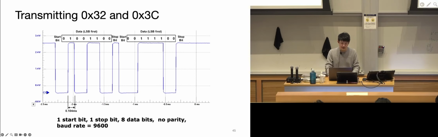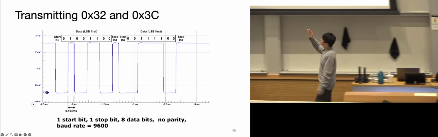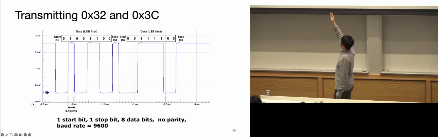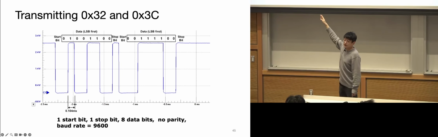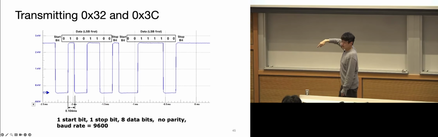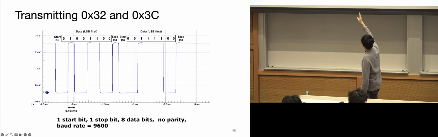So this is an example of how the data comes in, and you will see that it stays high, and then whenever it starts to have this start bit signal, which is a logic 0, the receiver side starts to log it at the middle of each bit. So this one is 0, and then that's 1, 2 zeros, and all the way to the stop bit.